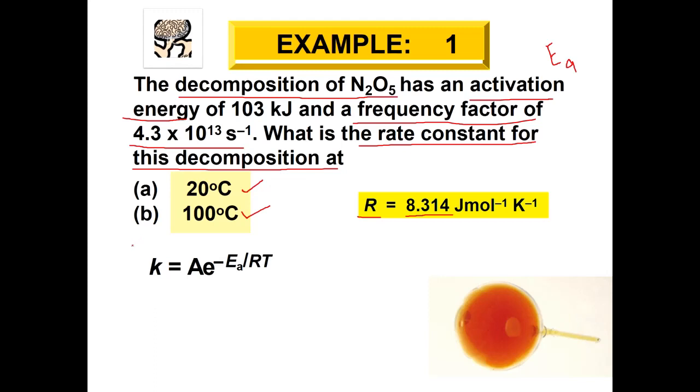In this example we use the Arrhenius equation, k equals A exponent negative EA over RT.